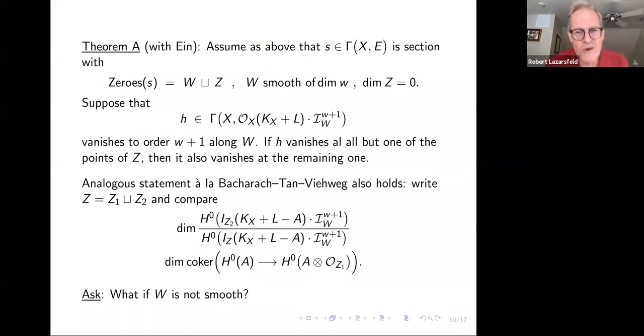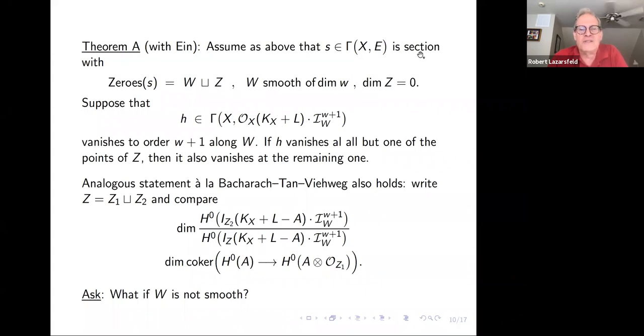This is all joint work with Lorenzini. So the theorem I'm going to state is basically an exact generalization of what we looked at. Suppose as above we have a rank n vector bundle on an n-dimensional variety, and let's assume now that it vanishes along W union Z. W is supposed to be some smooth set of dimension w, just as before, and Z is zero dimensional.